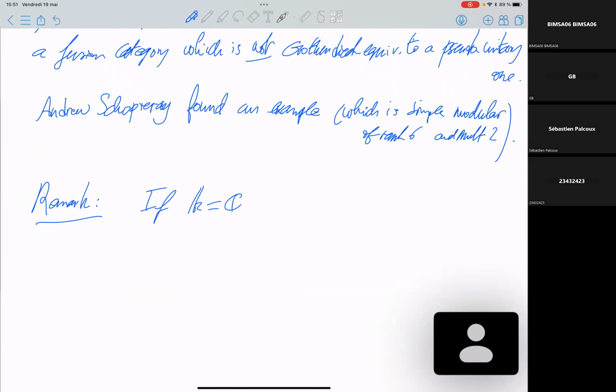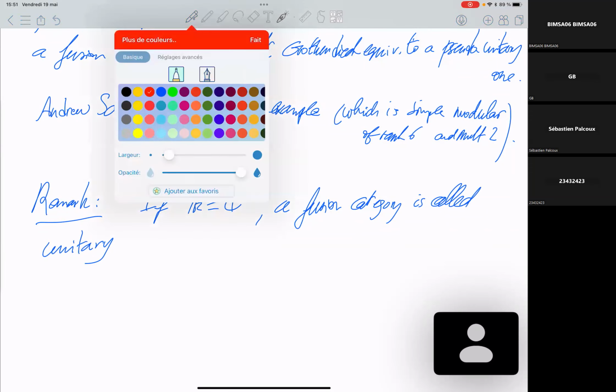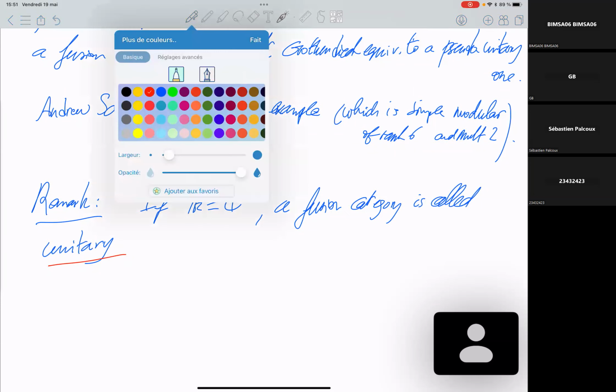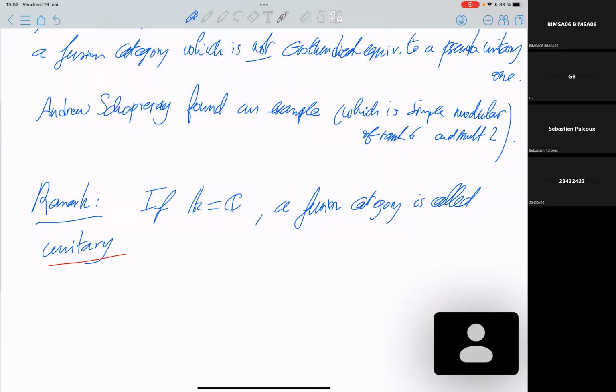If the field is complex, the fusion category is called unitary if there are some properties I will write briefly, and then, in fact, unitary fusion categories are pseudo-unitary. And the converse is an open problem. At least the existence of a unitary structure for any pseudo-unitary category is an open problem, a very, very exciting problem.